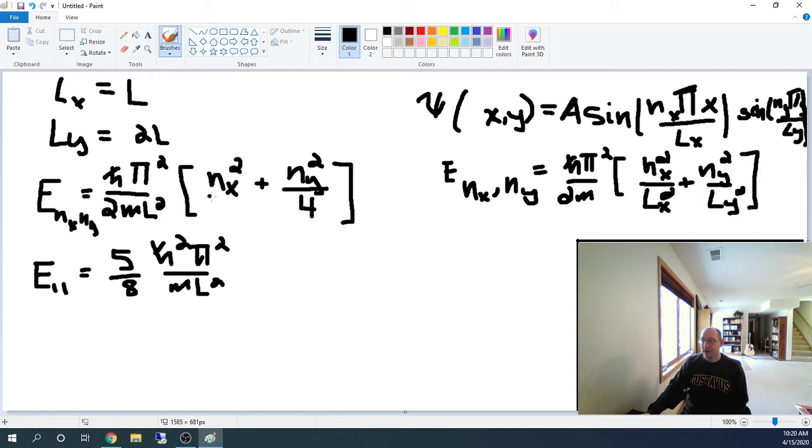If I increase n sub x to 2 and keep n sub y equal to 1, we're looking at how E21 compares to E11. If I take n x to 2, this is going to become 4 plus a fourth. Well, that's a pretty big jump.